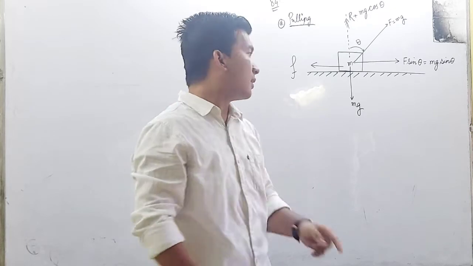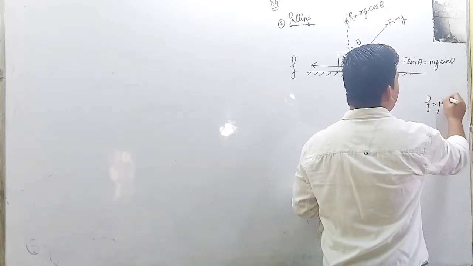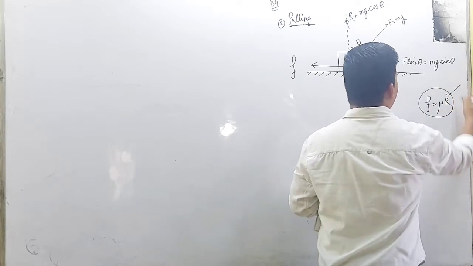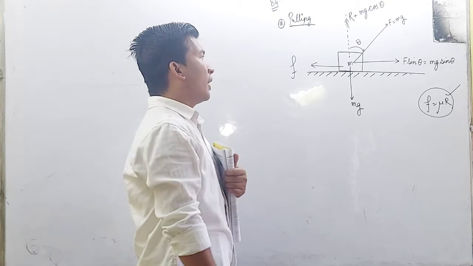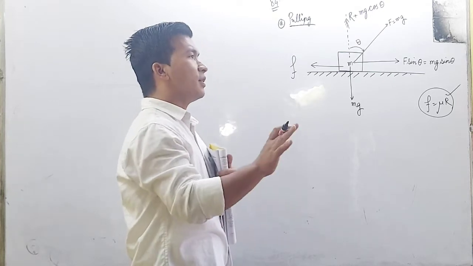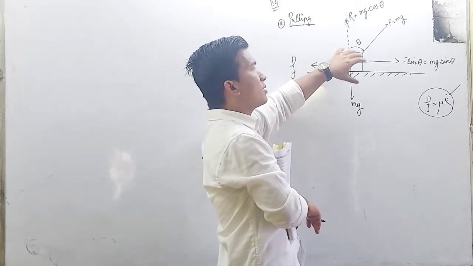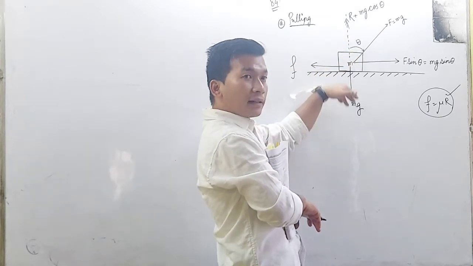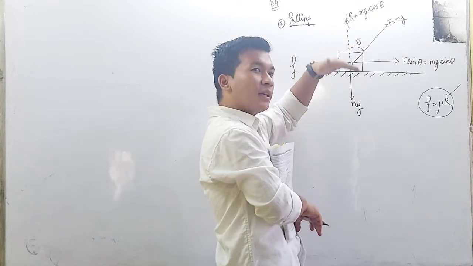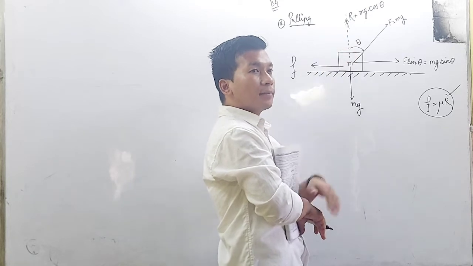So first you have to find out the normal reaction. In the friction chapter, the body maintains equilibrium in the vertical direction, or in a direction perpendicular to the rough surface.